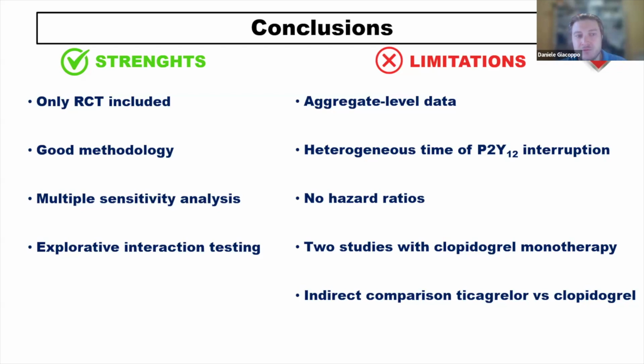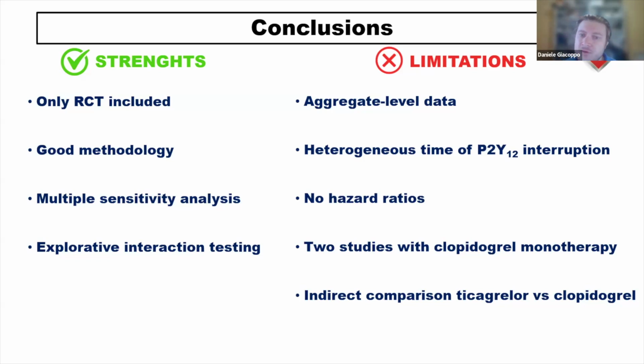So you need only to control the differences and assess the differences between the studies. The methodology is good in reflecting the main standards in meta-analysis. There are multiple sensitivity analyses, which is the element that differentiates the meta-analysis, and there is an exploratory interaction testing.